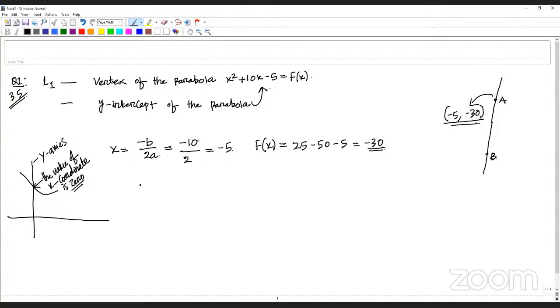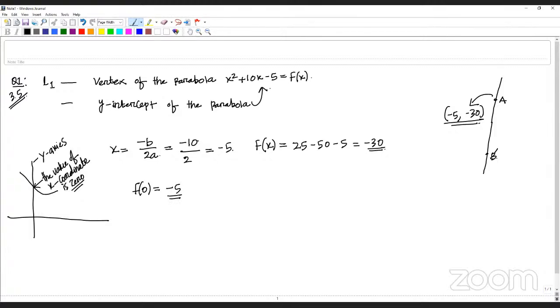So to find the y-intercept, I just have to substitute the value of x as 0. Then f of 0 is 5. So the y coordinate is 5 and the x coordinate is 0.